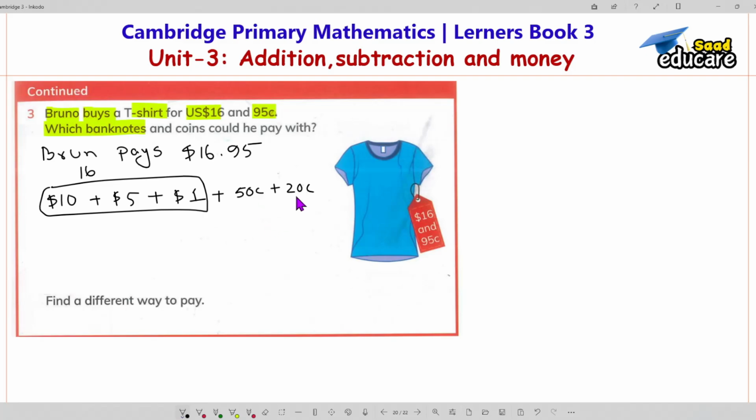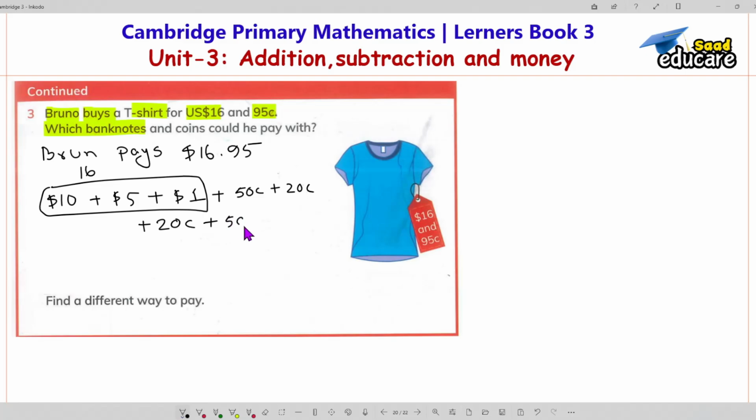So 70, then he can use another 20 cent, right? So it becomes 50, 20, 20. It means 90, right? Then plus 5 cent.